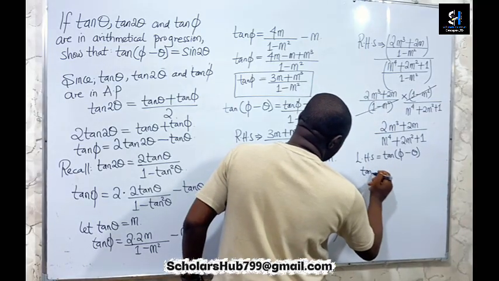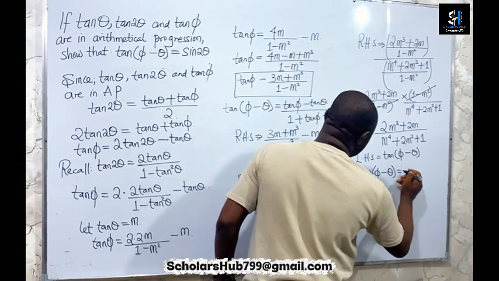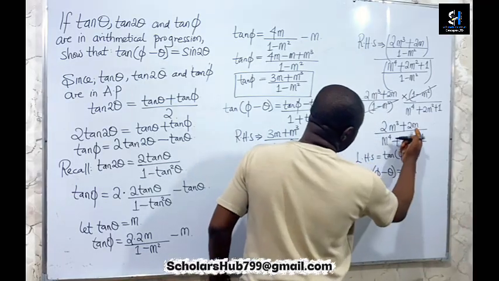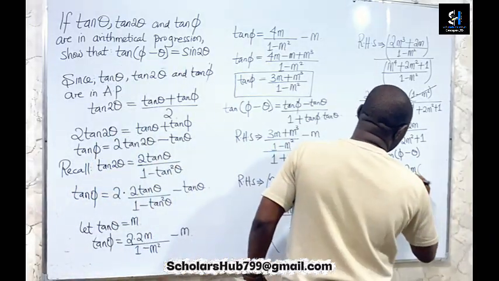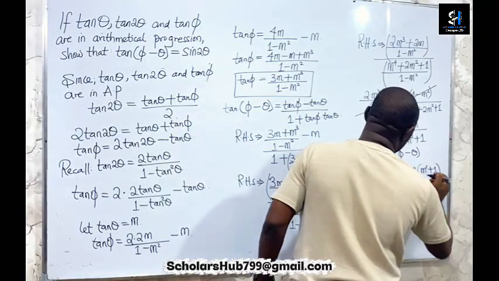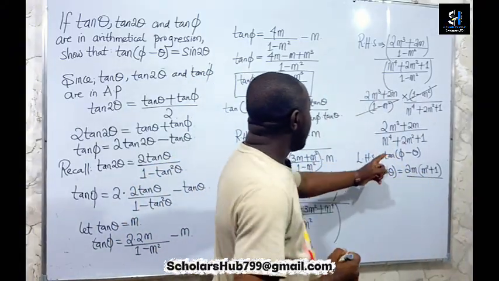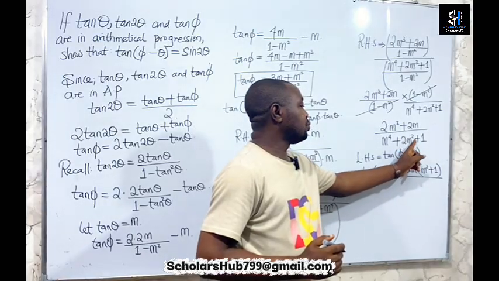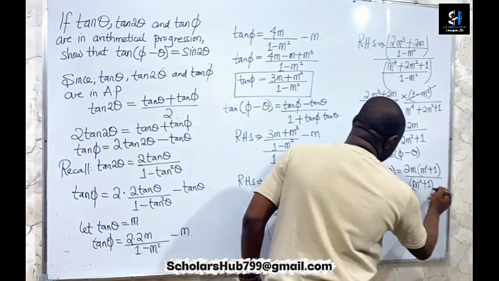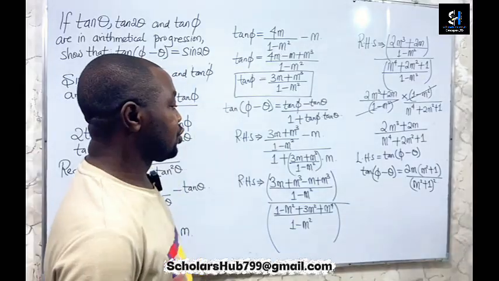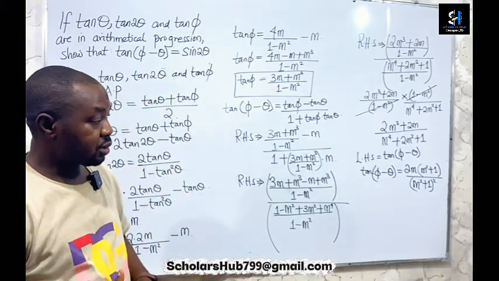So I'll write tan of the difference between phi and theta to be equal to, if I factor out 2m from 2m cubed plus 2m, I'm going to get 2m times m squared plus 1, then divided by, now m raised to the power of 4 plus 2m squared plus 1 is the same as m squared plus 1 raised to the power of 2, because if we expand this, we're going to have m raised to the 4th plus 2m squared plus 1.